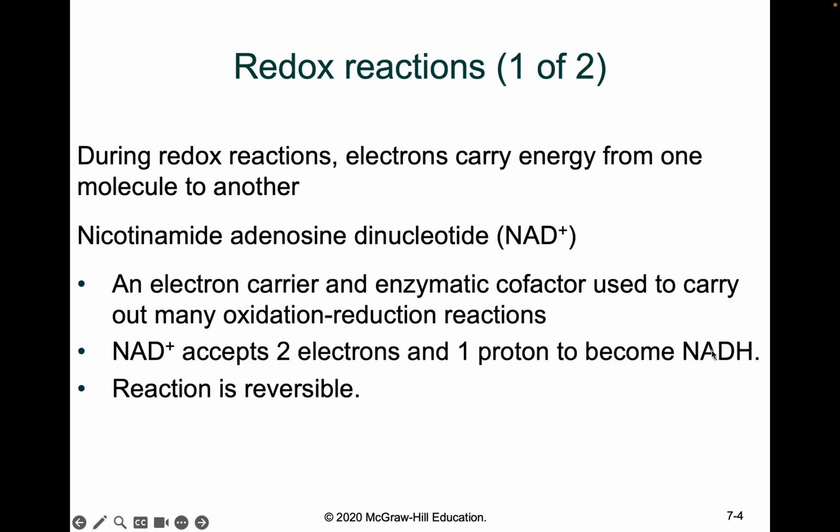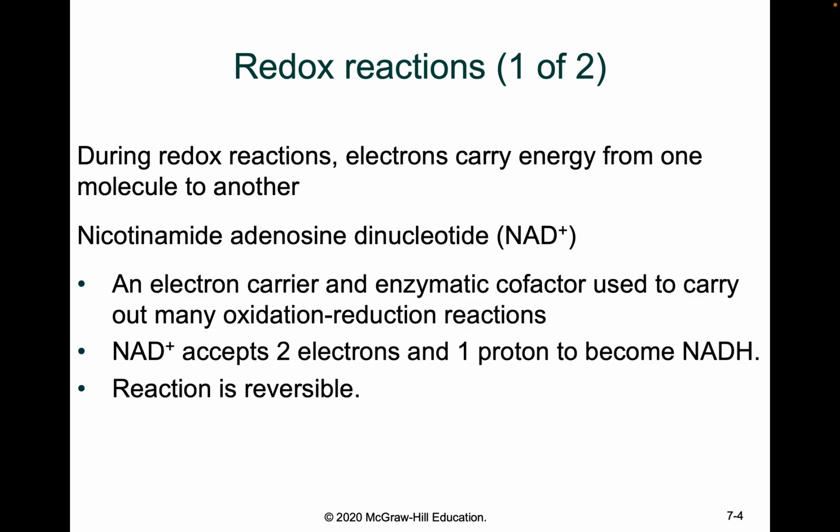And when it becomes NADH, NADH can then also lose those two electrons and proton to again give you NAD plus. So one thing you see about NAD plus is that it keeps changing from NADH to NAD plus. In our body, we have a pool of NAD plus and a pool of NADH, and that pool has to be quite equal, because we need NAD plus to always be acceptors.